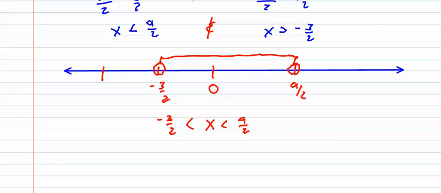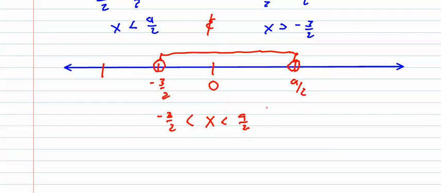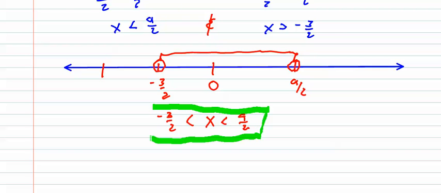Take note that if you forget, is it and or, the graph should tell you that. You see this kind of graph, it should remind you, oh, this is an and situation. So this would be the graph, and this would be our solution. Both things are necessary. Okay, watch the second video, and then you'll be good to go.